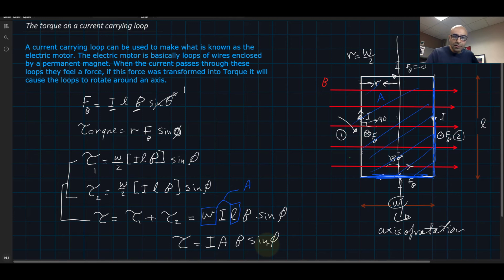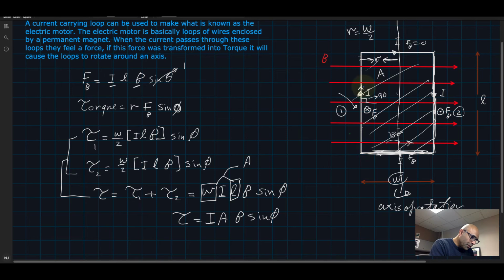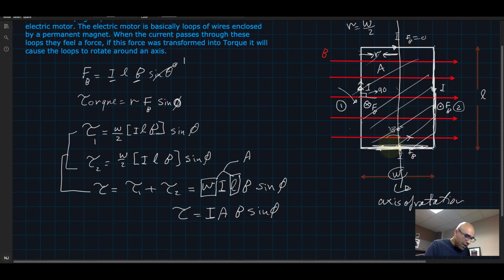All right? Good. If you are an engineer, you're not going to just make one loop here. If you want efficiency, you will make hundreds of loops if you can. Let's say a total number of loops equal to N. So for N loops, you will have a bigger torque equal to the number of loops times I times A, B sine phi.